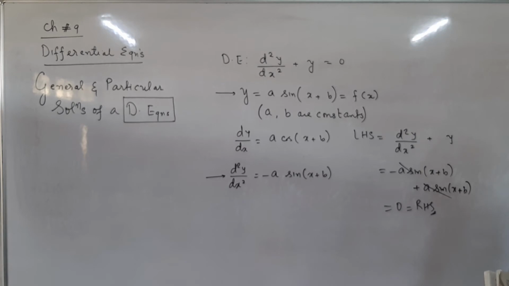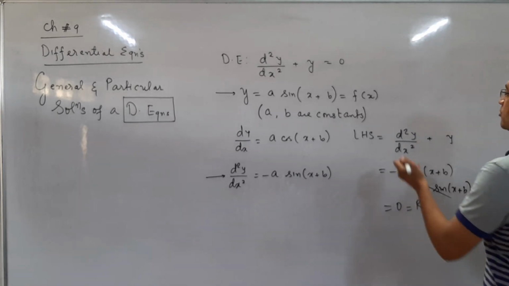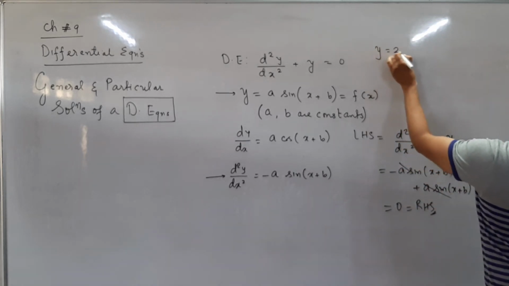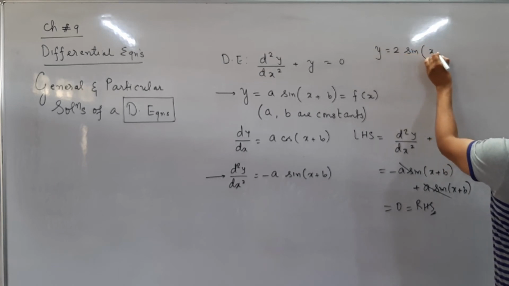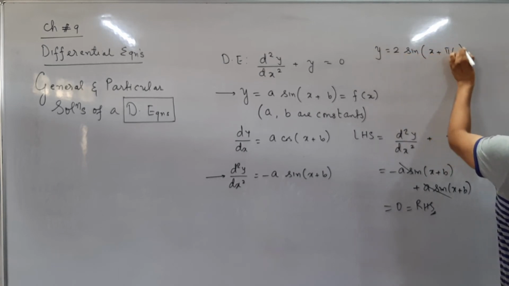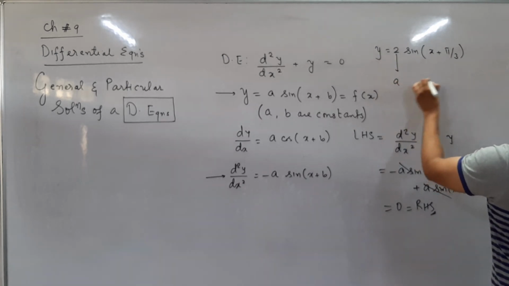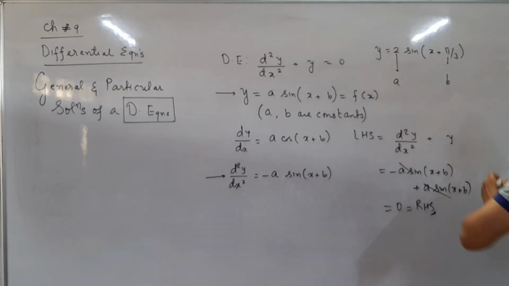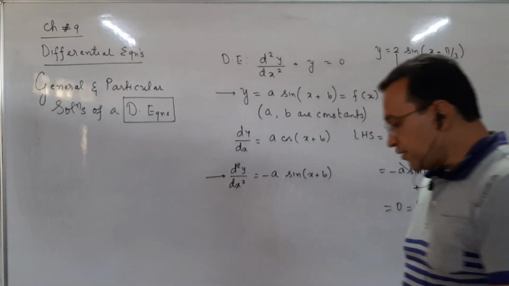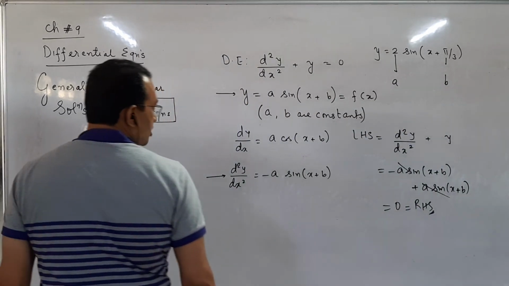Now if I give values to a and b, suppose I write y is equal to 2 sine of x plus pi by 3. Then my a is 2 and my b is pi by 3. I am specifying the values of the constants.